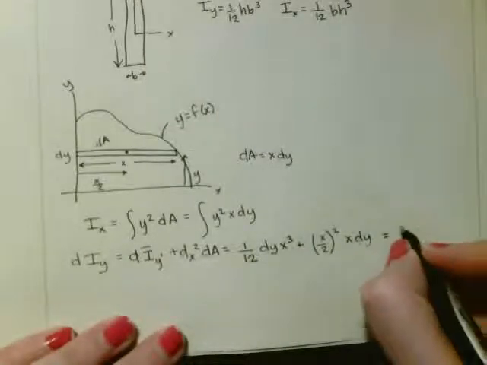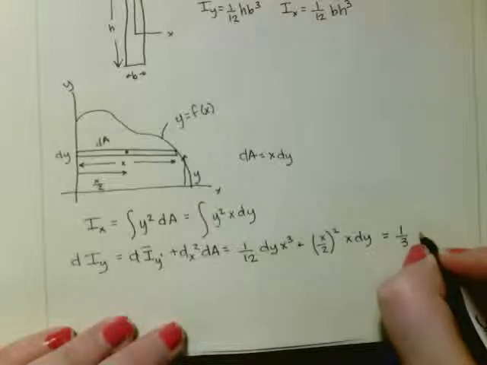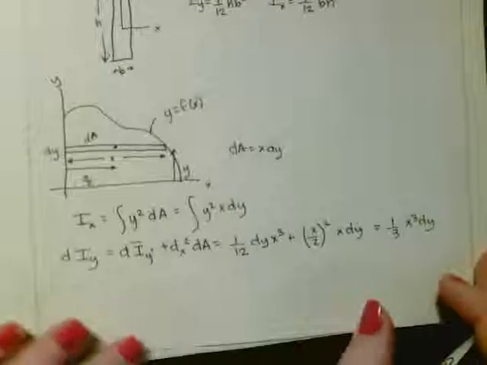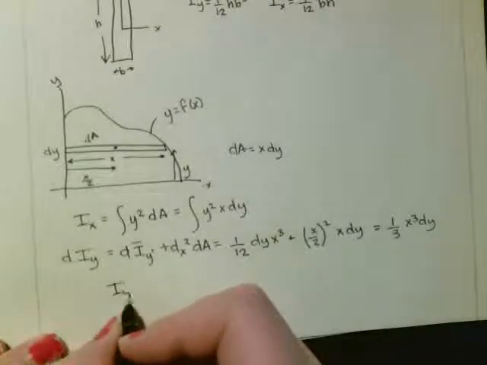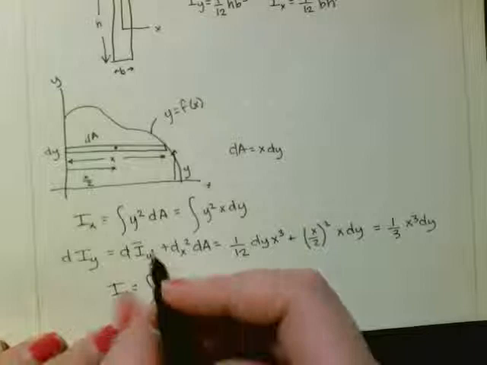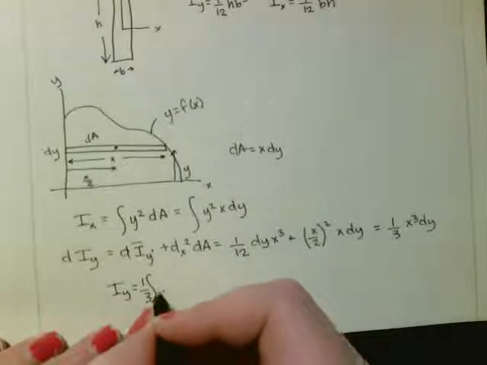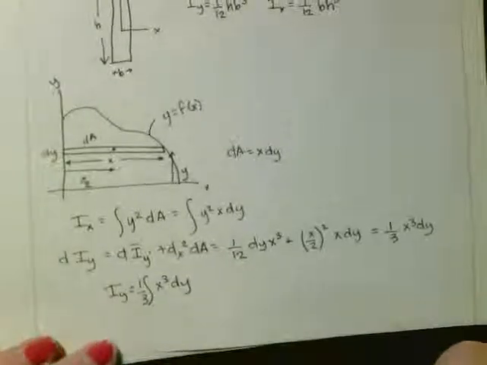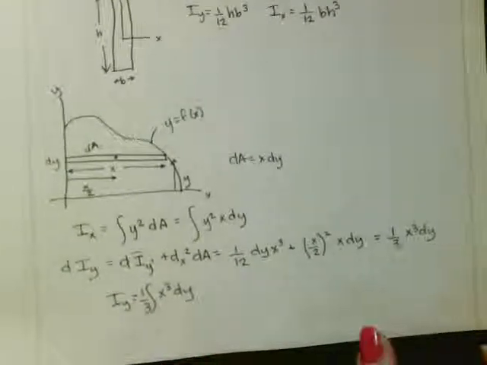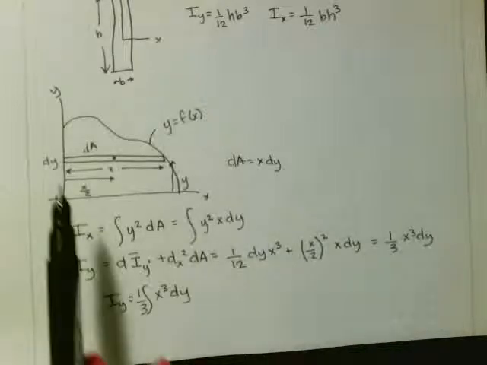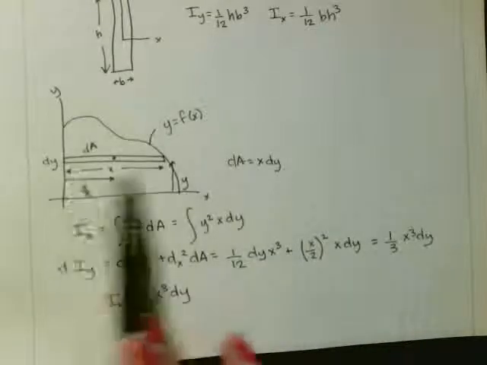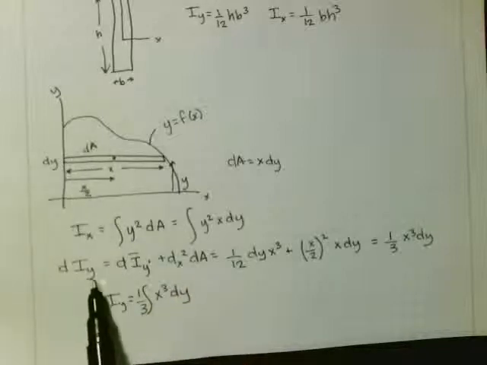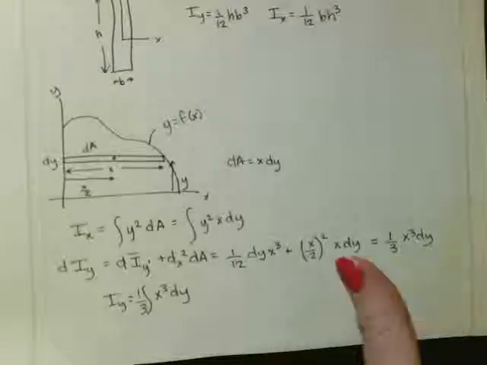And this adds together to be 1/3 x cubed dy. So if we take the integral of both sides, we get that Iy is equal to 1/3 times the integral of x cubed dy. So that's how you have to solve it when your rectangle is perpendicular to the axis that you're trying to find the moment of inertia about.